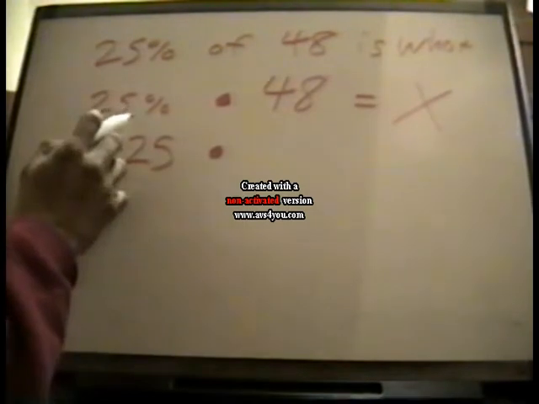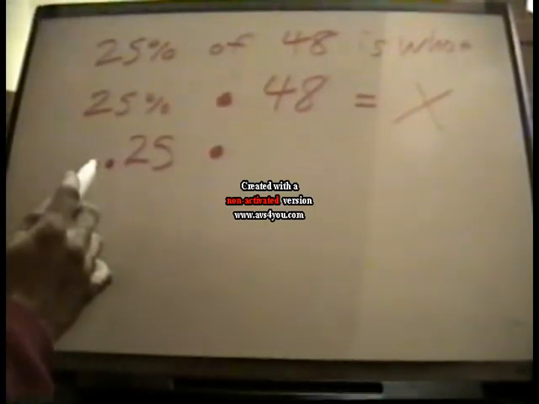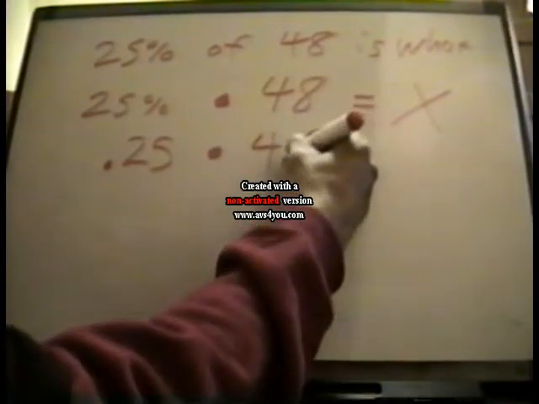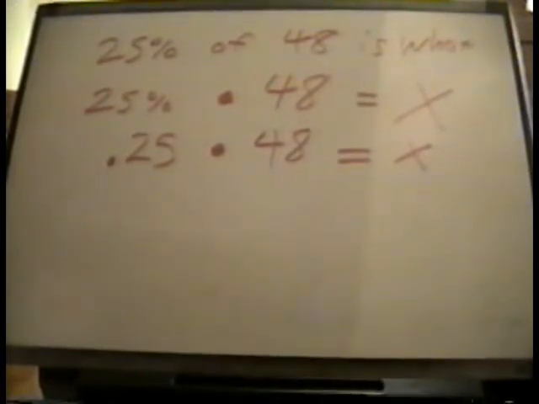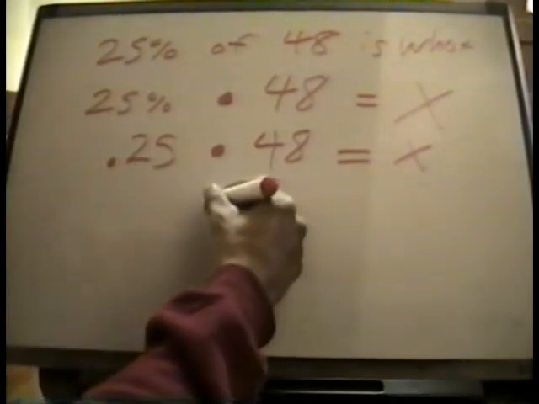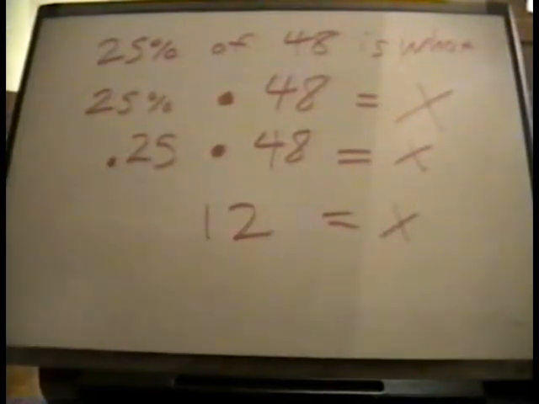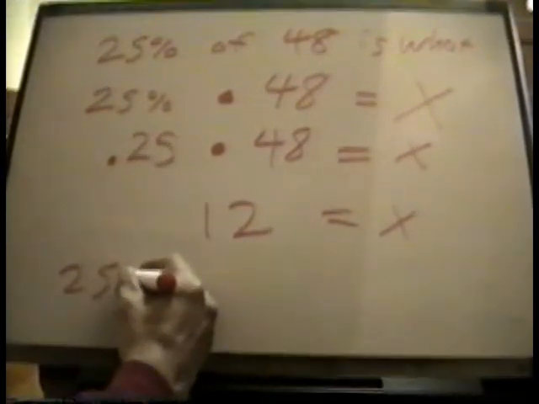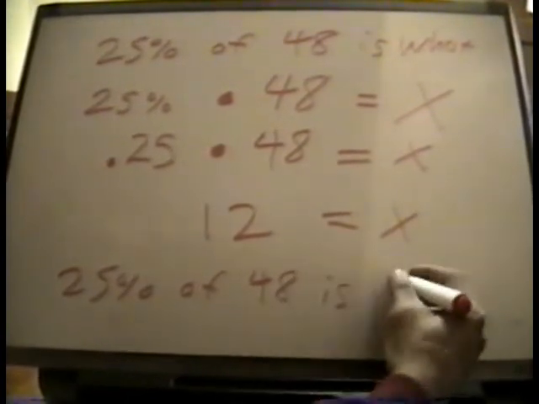We move the decimal point 2 places to the left and drop the percent sign in order to convert a percentage into a decimal. So we multiply 0.25 by 48, and that gives us 12, equals x. So, to answer your question, 25% of 48 is 12.